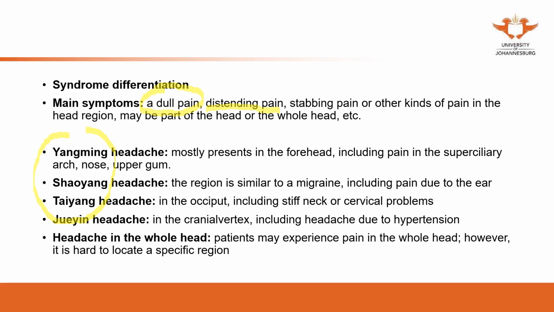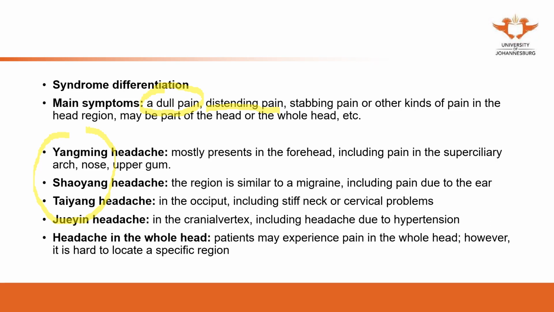It can be pain or stiffness. Jueyin headache is on top of the head. Sometimes it is very difficult for the patient to identify which area, they just feel the whole head.